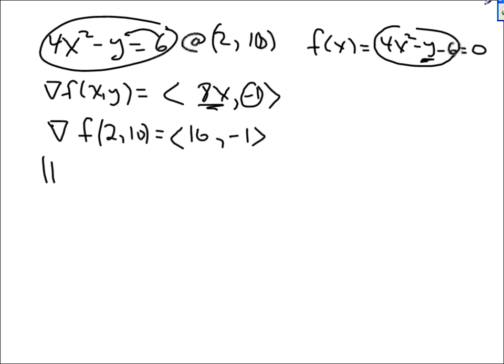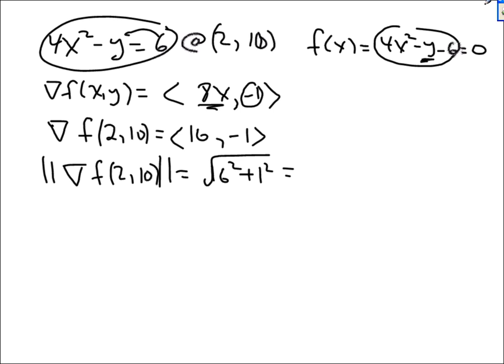Now, the length of the gradient of f at (2, 10) is the square root of 16 squared plus 1 squared. 16 squared is 256 plus 1 is 257.